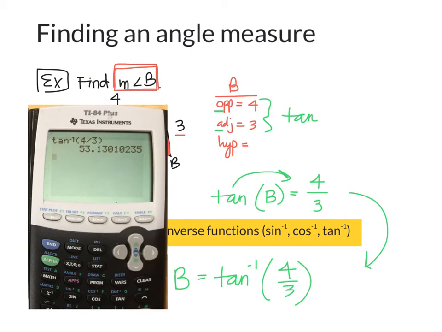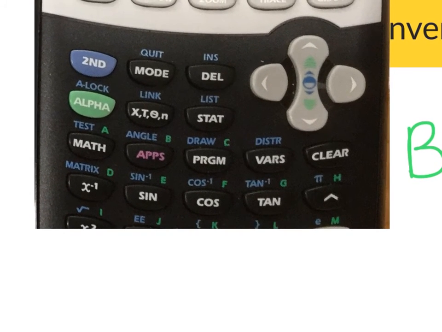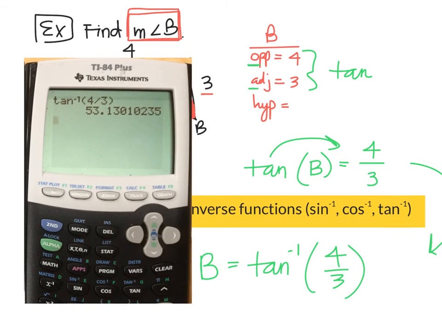To type that in, first of all, I want to do inverse, and if you zoom in and look at your calculator, inverse is written in blue. It's above each one of these functions. This is sine inverse, cosine inverse, and tangent inverse. Because they're in blue, we're going to hit second first. So we're going to go to second tangent. That's what I hit first.